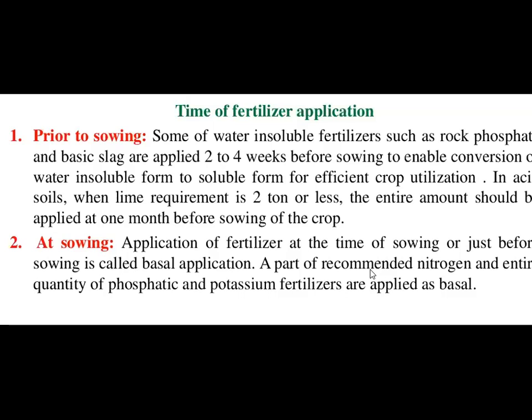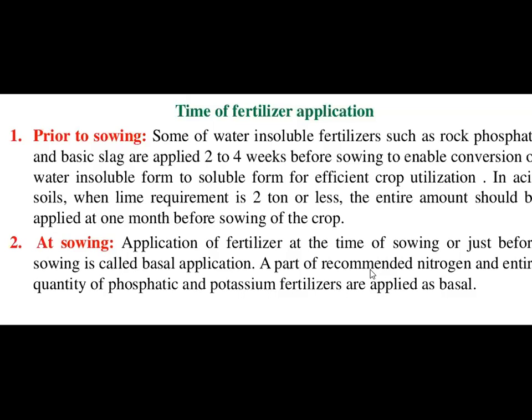Prior to sowing, some water insoluble fertilizers such as rock phosphate and basic fertilizer are applied 2 to 4 weeks before sowing in order to increase the efficiency of fixed phosphorus so that it will come into soluble form and can be easily taken up by the plant.